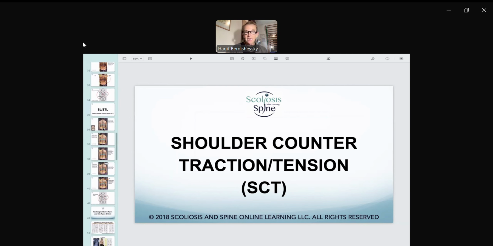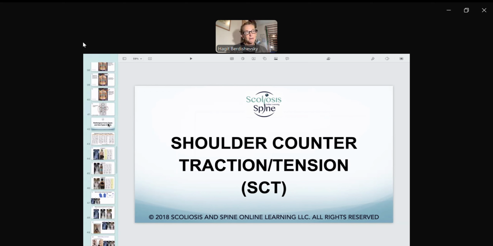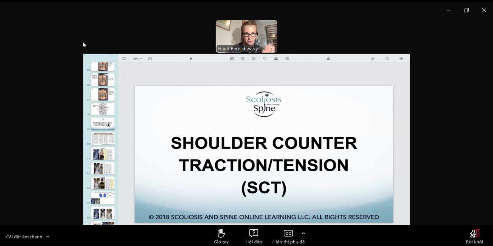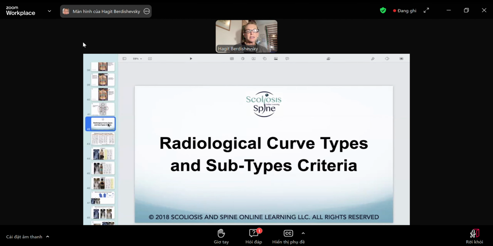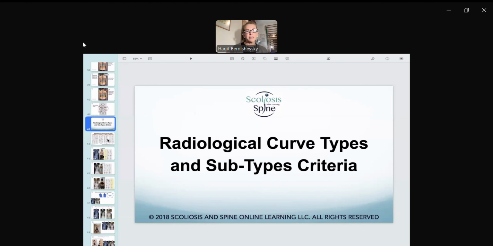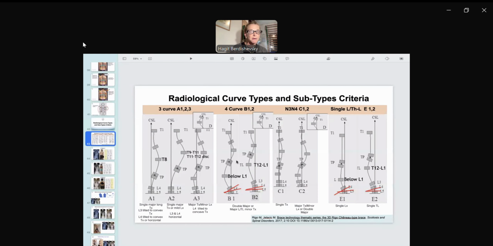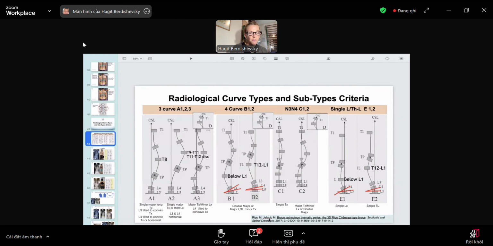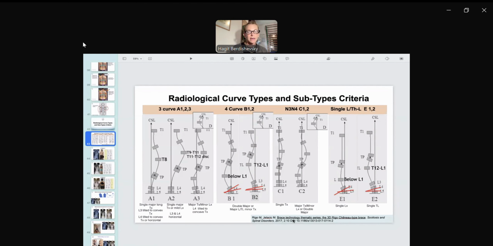I will see how long it takes us because this is a flowing presentation. And in case I do not finish the three topics, I promise to come back. I will try to come back even in May to finish it one more time. The second topic is the radiological curve type and the subtype criteria presented by Rigo and Mina in the paper.